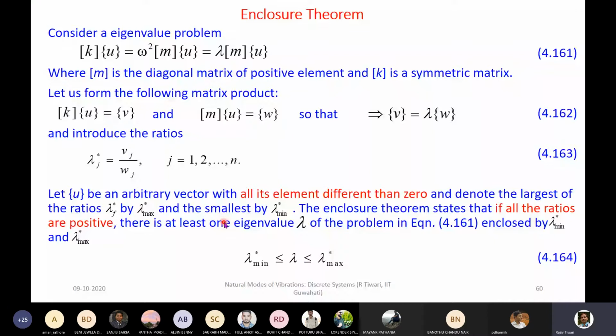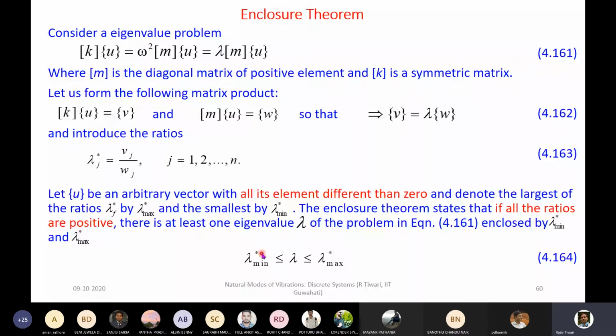According to the enclosure theorem, if all the ratios we are getting are positive, then at least one eigenvalue of the system will be enclosed by this particular range. So this is the statement.